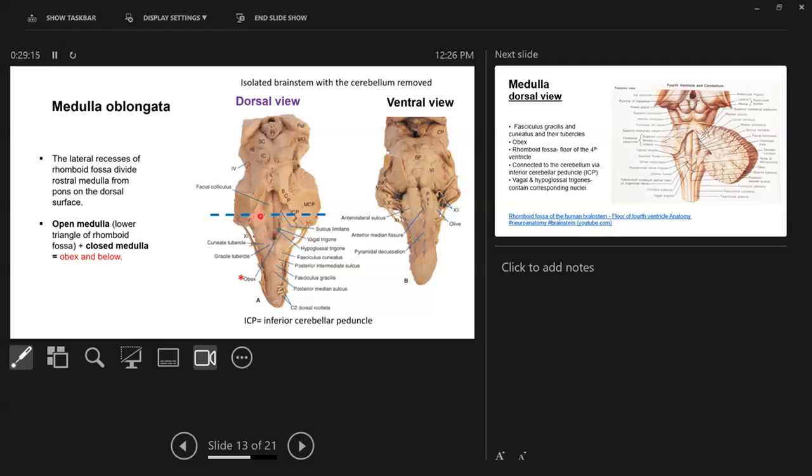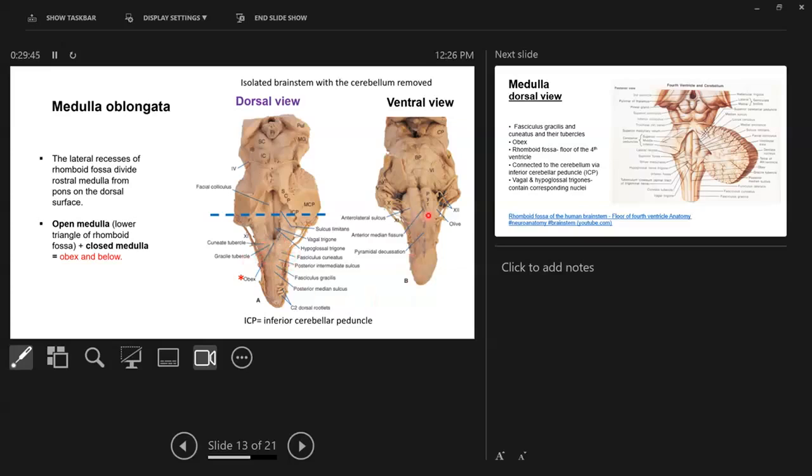And from this point on, and caudally, we start our investigation in medulla, starting with the open medulla, and then at the level of the obex, which is the caudalmost point in the rhomboid fossa, we continue caudally, and we are, in fact, in the caudal or closed medulla.